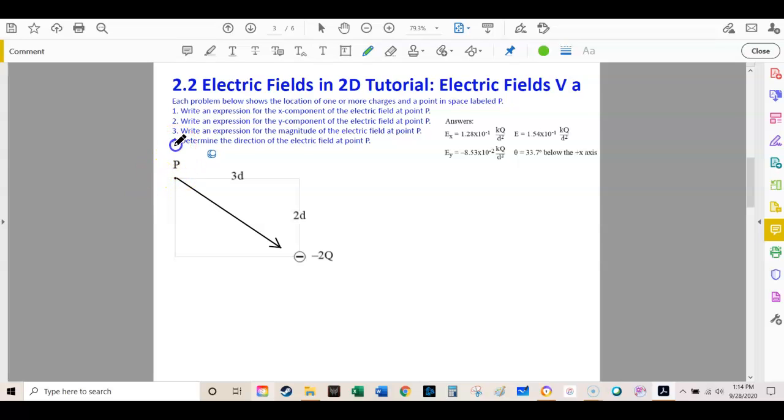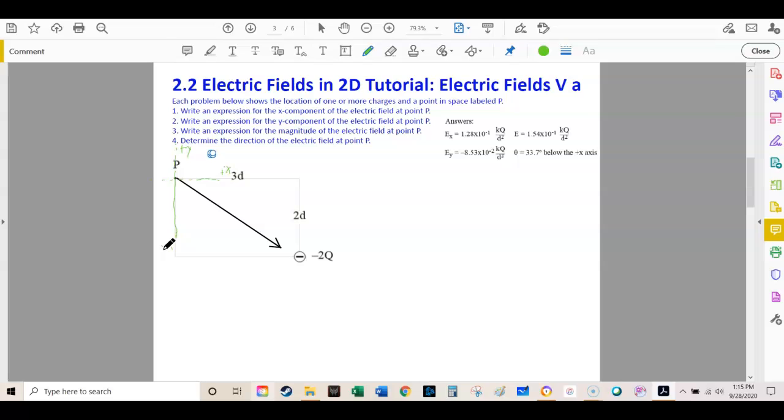Our coordinate system here is going to be: up is in the positive y direction, to the right is in the positive x direction, and down is in the negative y direction.